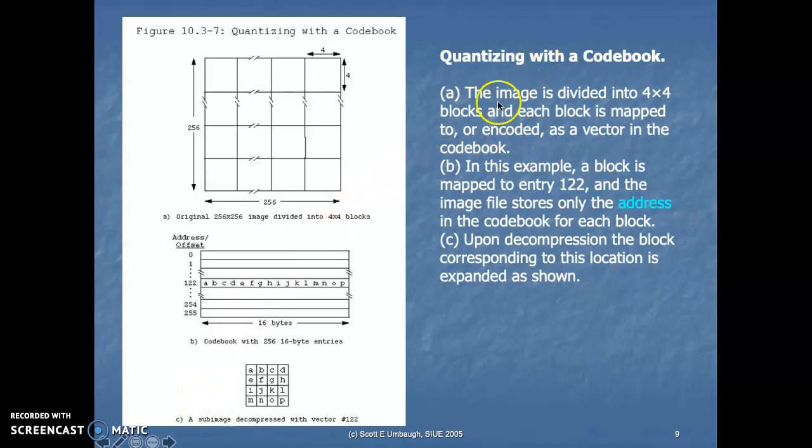The image is divided into 4 times 4 blocks and each block is mapped to, or encoded as, a vector. Once you encode, then you want to decode, to decompress. To decompress, you refer to the 122 index, which gives the position of that particular block.